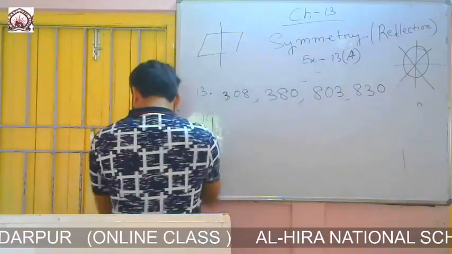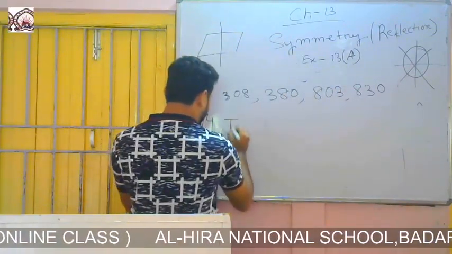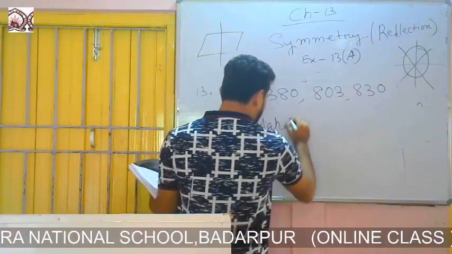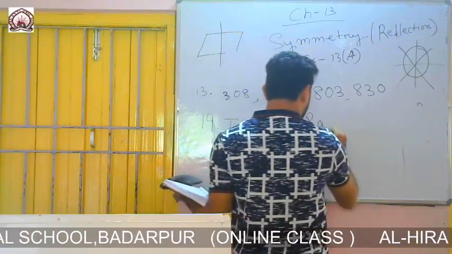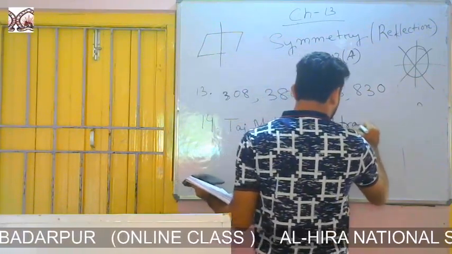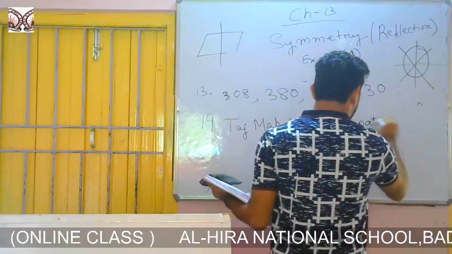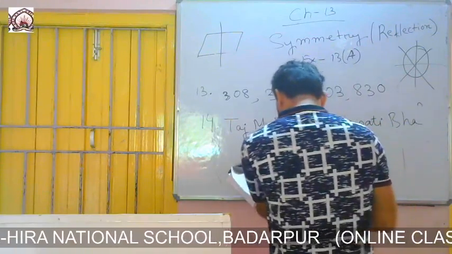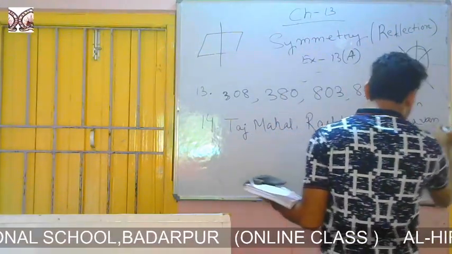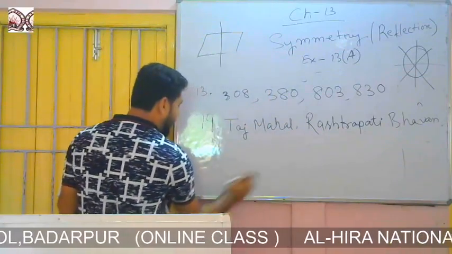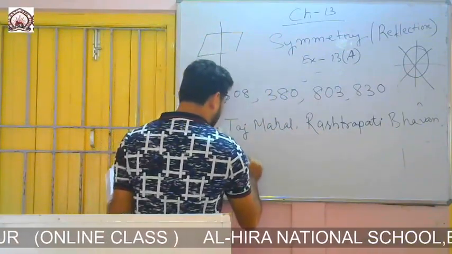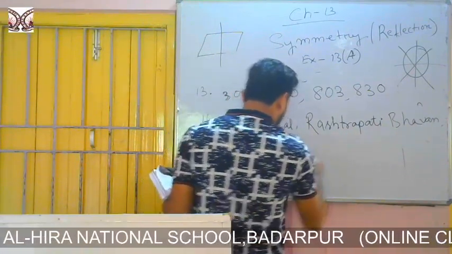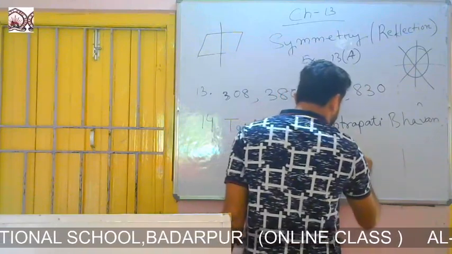So write Taj Mahal, the number 2, Rashtrapati Bhavan, then you just look at the picture of Red Fort also, then Charminar also.